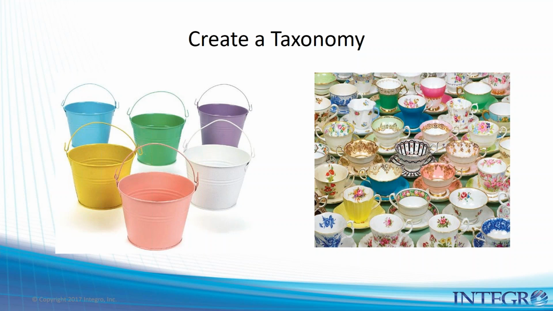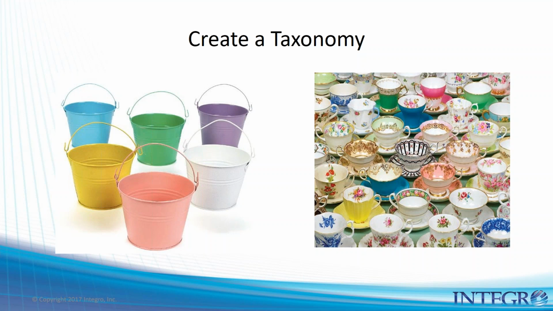For example, if I were to ask you to place an object in the pink container in each of the 2 pictures, unless you struggle with color blindness, the buckets on the left are going to be much easier. There's just a lot more ambiguity in the teacups. So when you're creating your taxonomy, the key to achieving successful auto classification is to make your categories as mutually exclusive as possible.